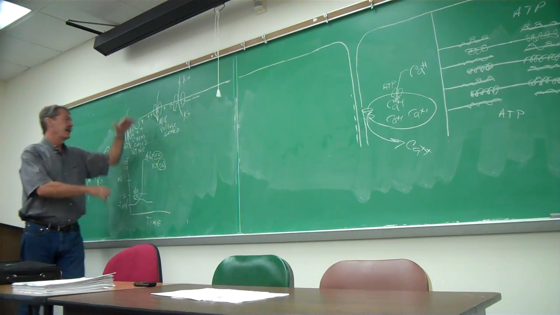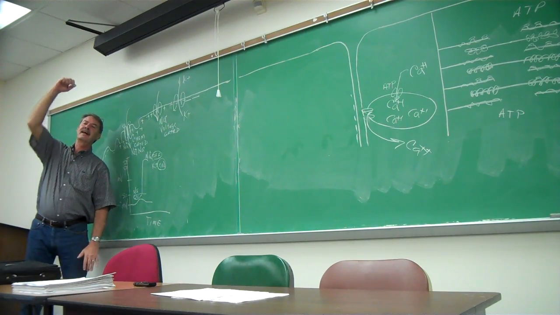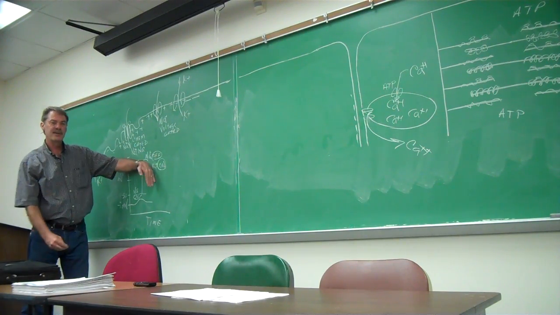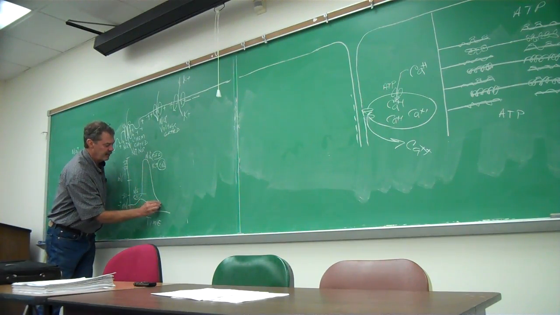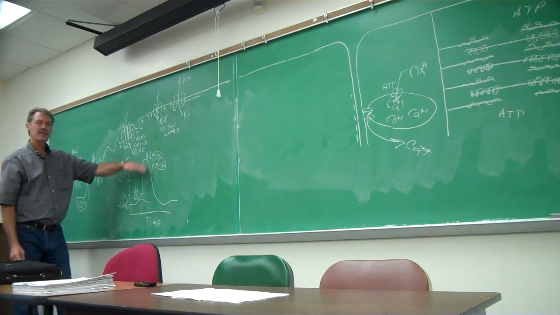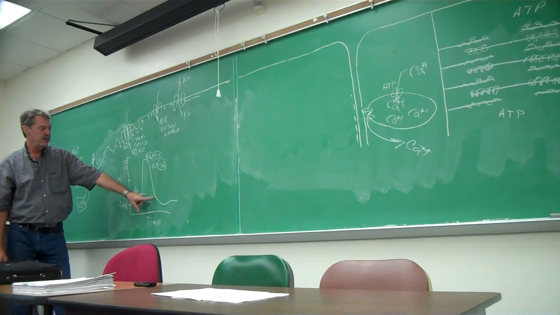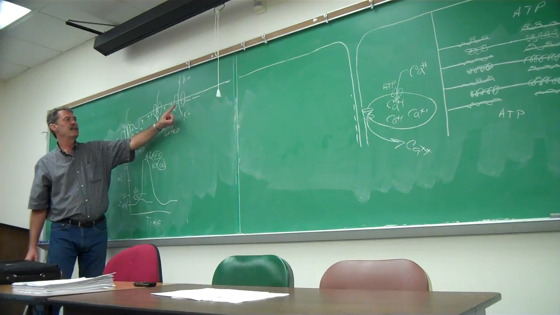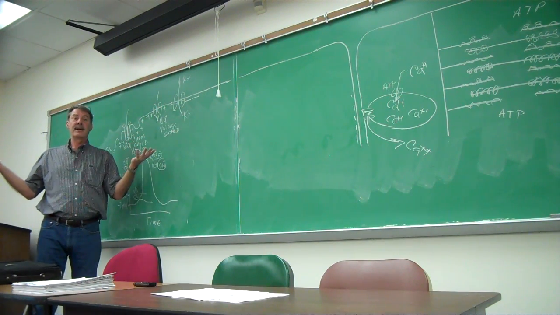So the sodium rushes in, it stops, and then the potassium rushes out. As soon as that potassium turns on, the voltage will go back negative, and this is how you get the curve of what's called the action potential. As soon as you get back down to somewhere in this range, these voltage sensitive potassium channels turn off too, and then everything's essentially back to normal.